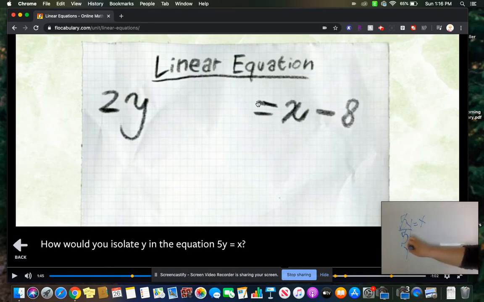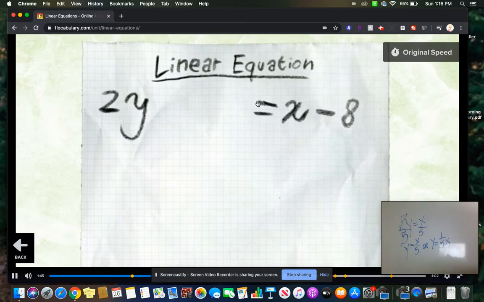We want to isolate. Then we have to do it here. There's 2 ways to do it. You can go x over 5 this way, and then have y equals x over 5. Or another way that you can set it up, which is just as correct, is like saying y equals 1 over 5x. Okay, both of these work.